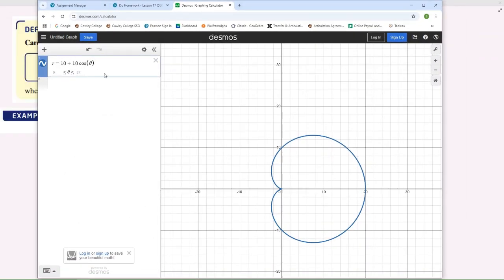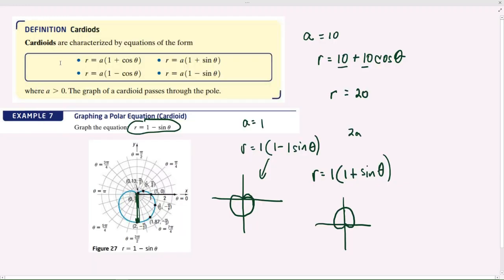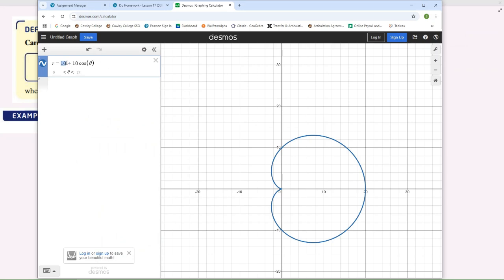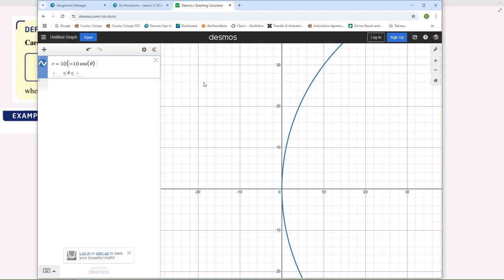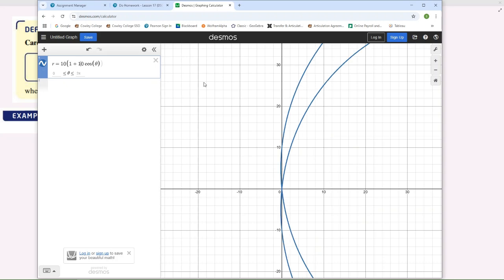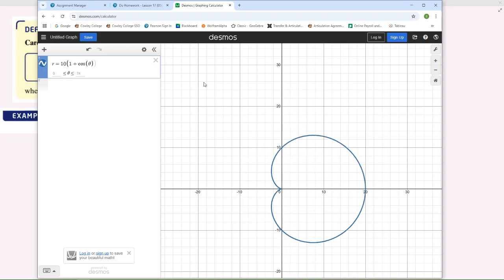Okay, so here I'm going to use an a of 10. Now what's important is that if I were to multiply and distribute this a across both terms, like I've got it here, so 10 plus 10 cosine theta. If I wanted to factor the 10 out and get the same result, I would have 10 times 1 plus 1 cosine theta.